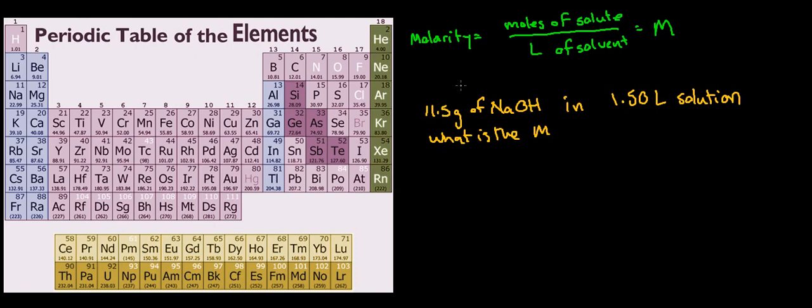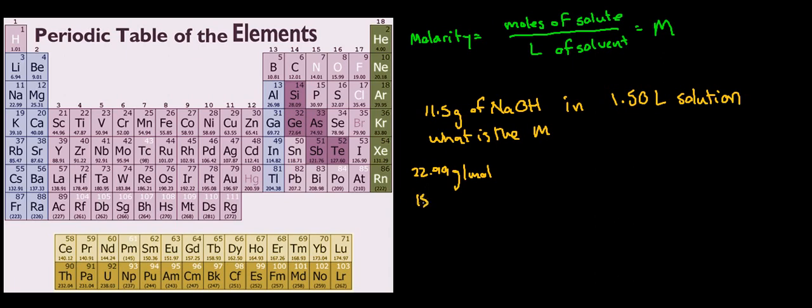So molarity is moles of solute over liters of solvent. Liters of solvent is going to be 1.5 in this case, but I need to convert 11.5 grams of NaOH to moles in order to calculate molarity. So I'll do that. Sodium is 22.99.